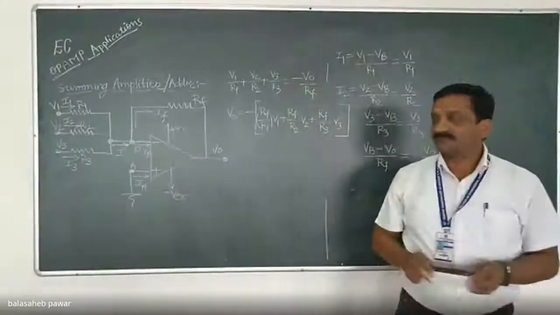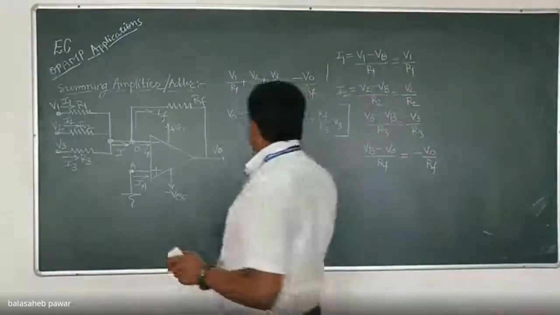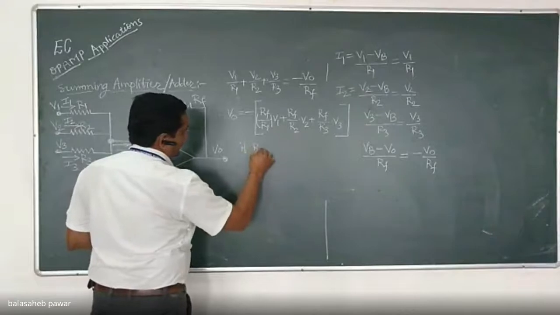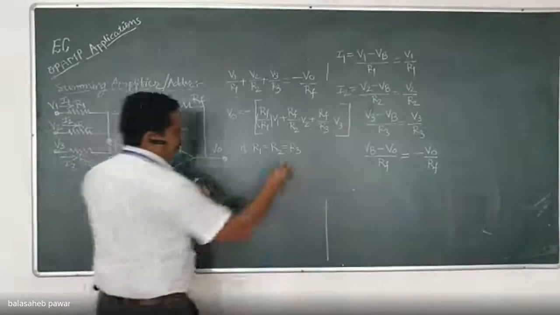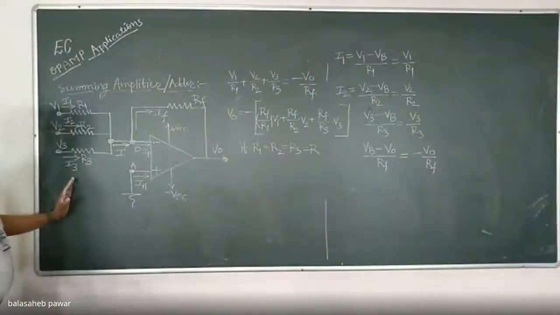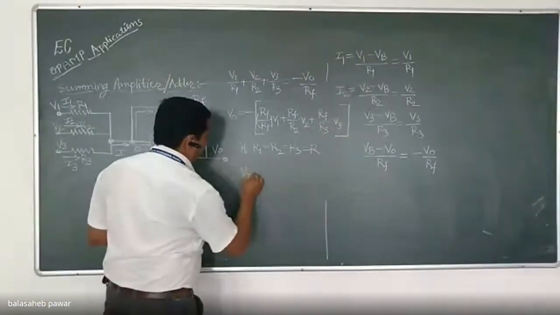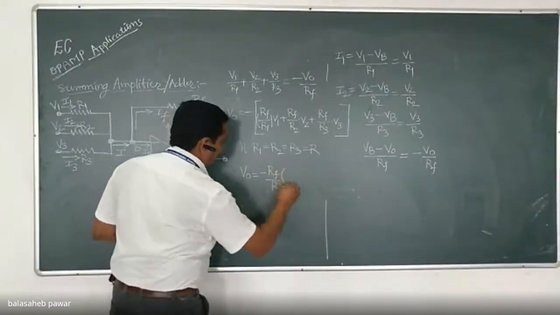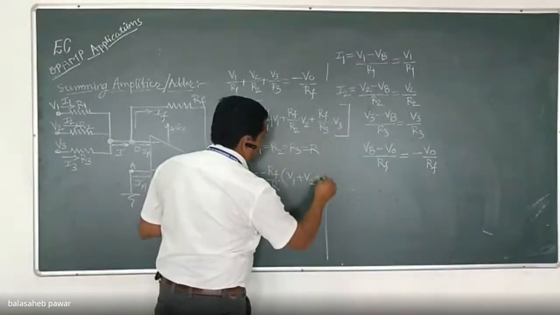If R1 equals R2 equals R3 equals R, meaning all the series connected resistors are of the same value R, then the same equation becomes VO equals minus RF by R times, in bracket, V1 plus V2 plus V3.